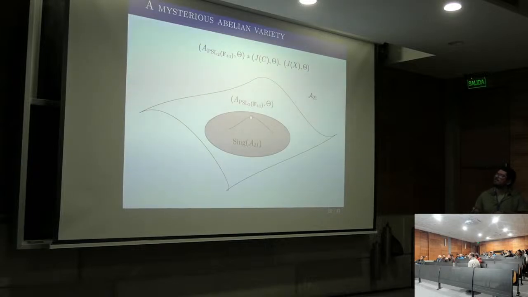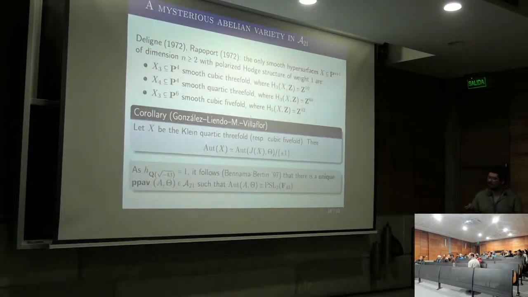And maybe I should mention also that there is some other kind of positive evidence for the Torelli theorem in these two cases. One is by Collino and the other by Letizia. They prove that when the hypersurface is generic in the moduli space, there is some Abel-Jacobi map which is an isomorphism.